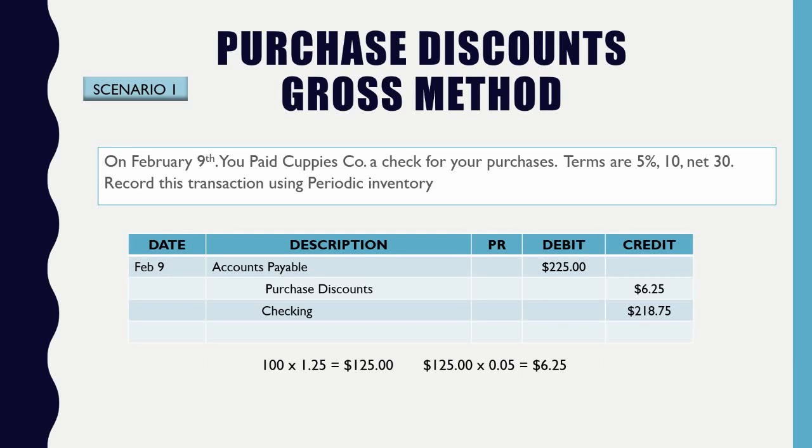When I pay the vendor, I'm going to pay less because I took advantage of the discount of that 5%. So I need to calculate my purchase discount: I take 5% of the original price that I purchased the items at, okay?